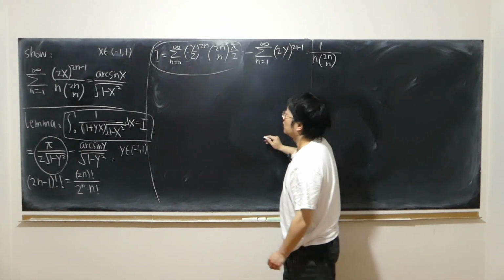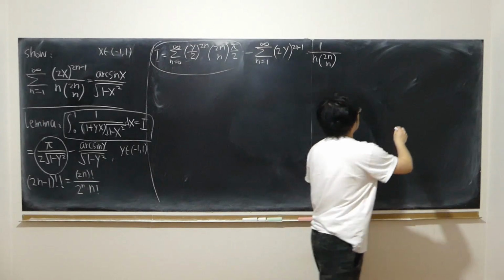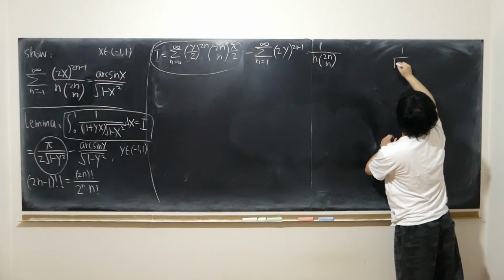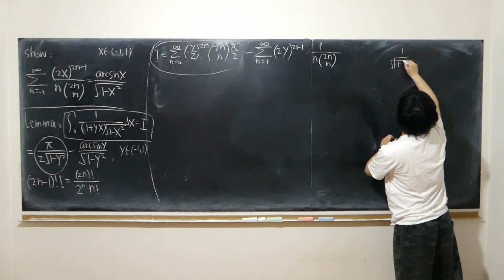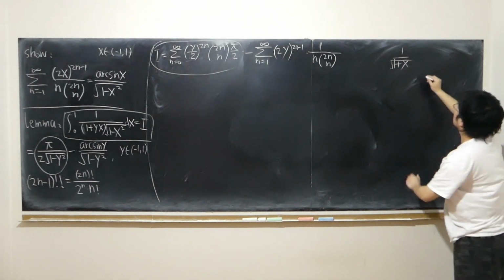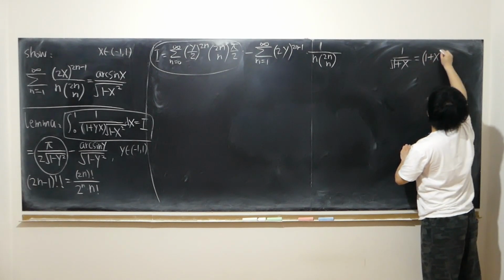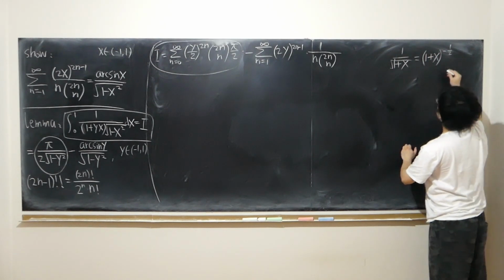So first of all, 1 over the square root of 1 plus x can be written as 1 plus x to the power of negative half.